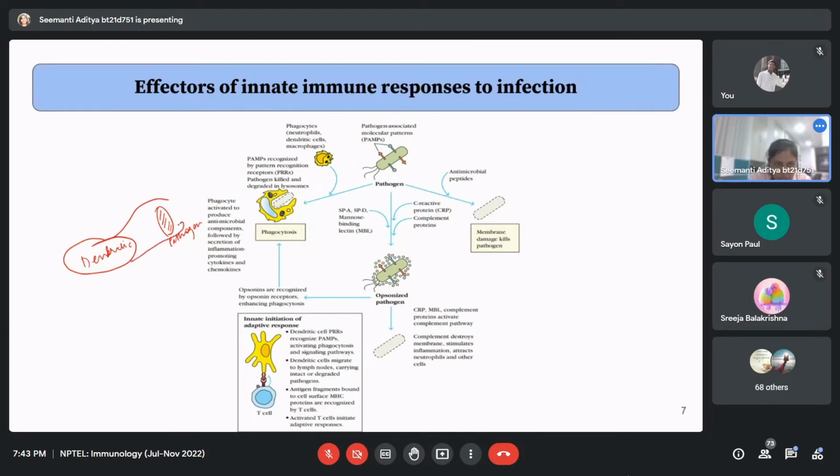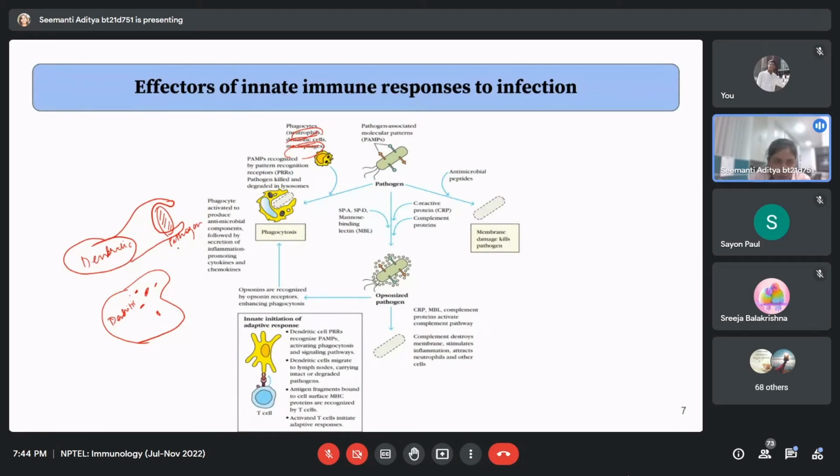Once they have engulfed it, the pathogen will be processed into small peptides or proteins inside the dendritic cell. This engulfing property is exclusive to some kinds of cells: neutrophils, dendritic cells, and macrophages.